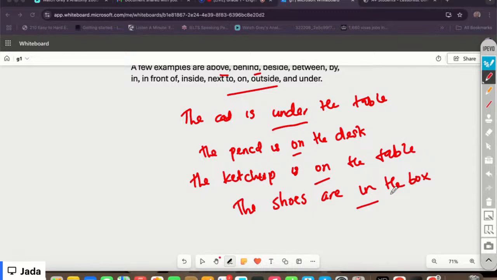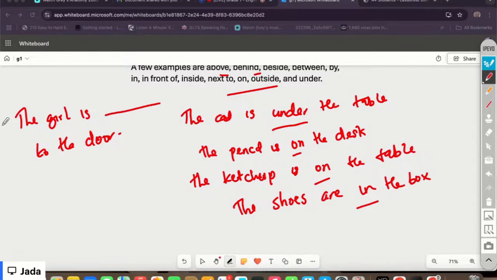Okay, so let's have a little example, a little question. I will give the questions and you have to give me the answer. So we have, for example, the girl is dash to the door.